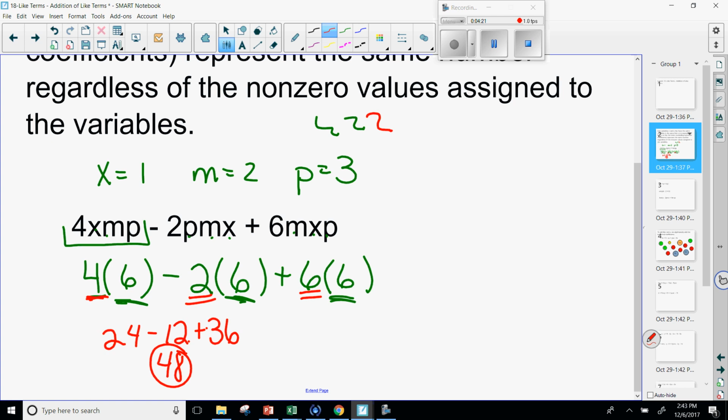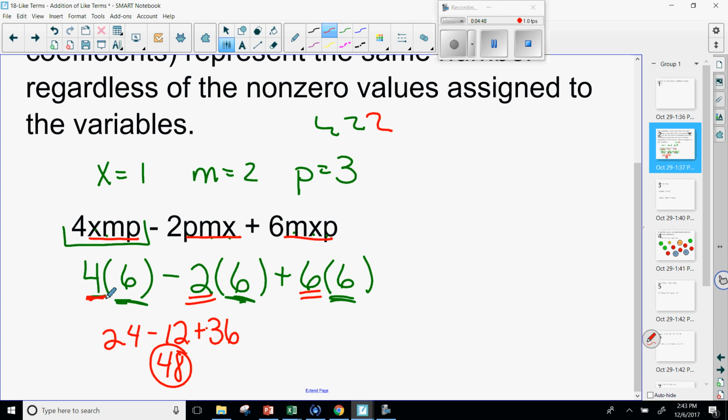Now, if I were to look at this particular problem and talk about grouping or adding like terms together, I would consider all three of these to be like terms because they all have the variables p, m, and x all to the first power. So all three of these are the same except for the commutative property of multiplication, which changes the order of them, but that's allowed.